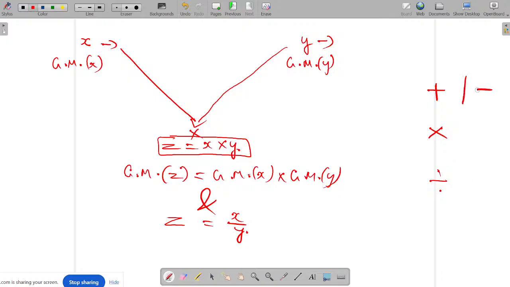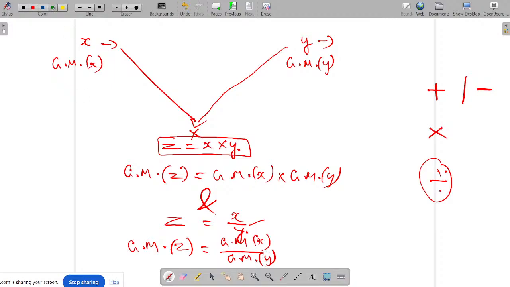For subtraction, we mention as difference. So here it's x divided by y, which we mention as ratio of x to y. So geometric mean of z will be geometric mean of x divided by geometric mean of y.